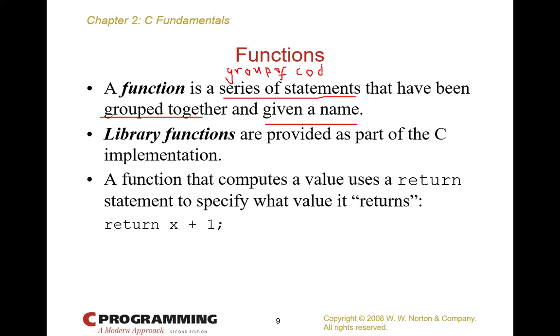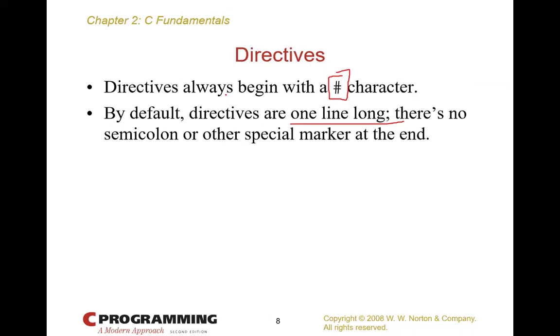At least if you don't know what statements are, you know what code is. So a function is a group of code that has been grouped together and given a name. That is just the simple thing. It must have a name and it must be grouped together. Okay, how do we mean that?